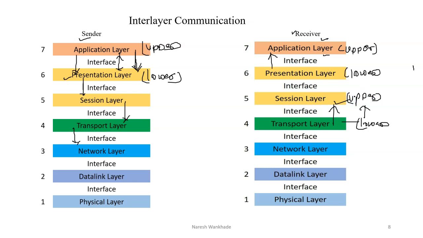This interlayer communication happens within the same system through the interfaces provided between the layers. At the sender side, the application layer interacts with the presentation layer through the interface between them. So there is an interface between two adjacent layers.